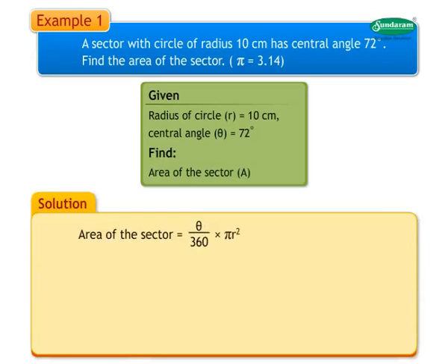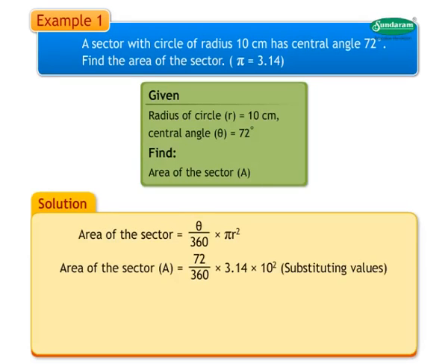Area of the sector is equal to theta upon 360 into pi into r square. By substituting values, we get area of the sector is equal to 72 upon 360 into 3.14 into 10 square, is equal to 2 into 314 upon 10, is equal to 62.8. Therefore, the area of the sector is 62.8 square centimeters.